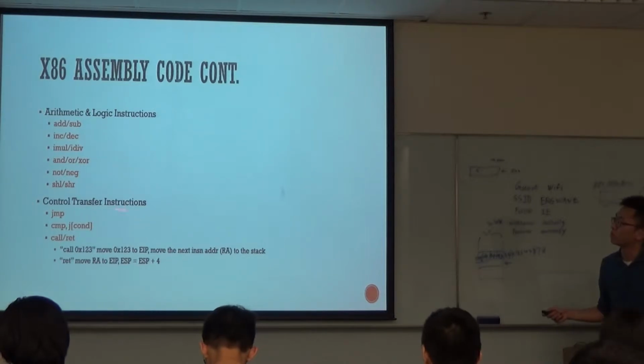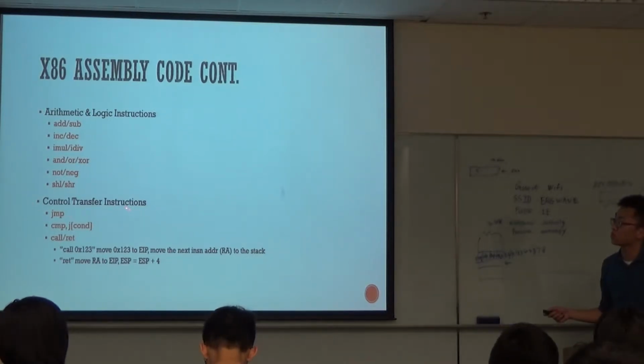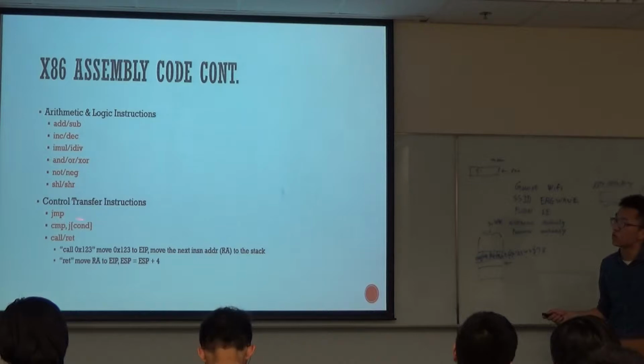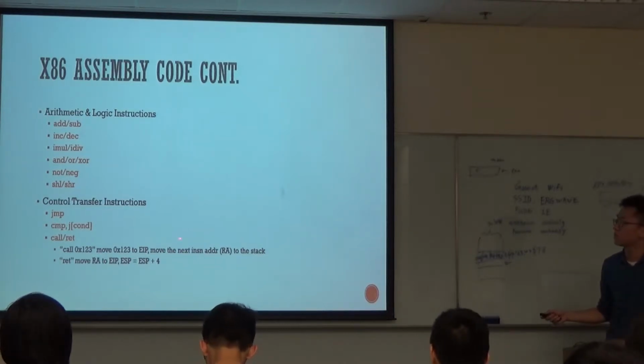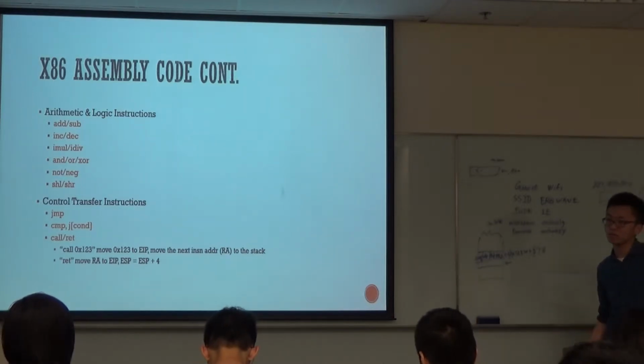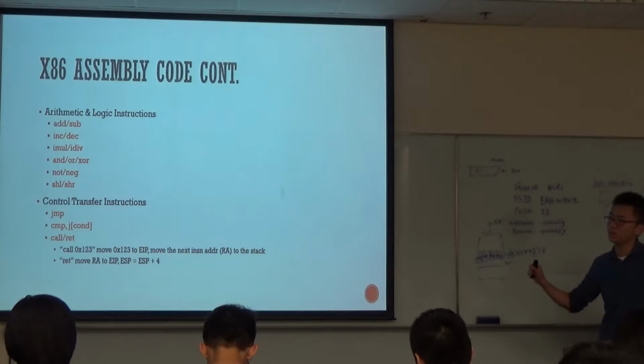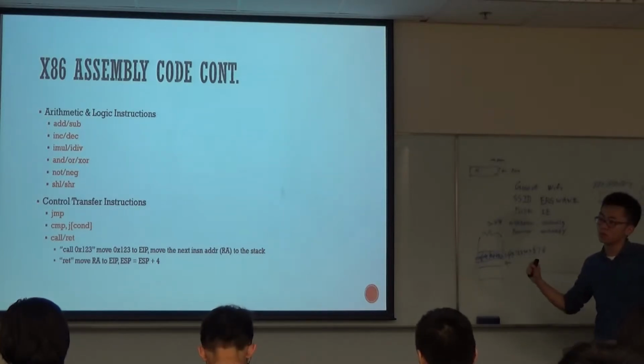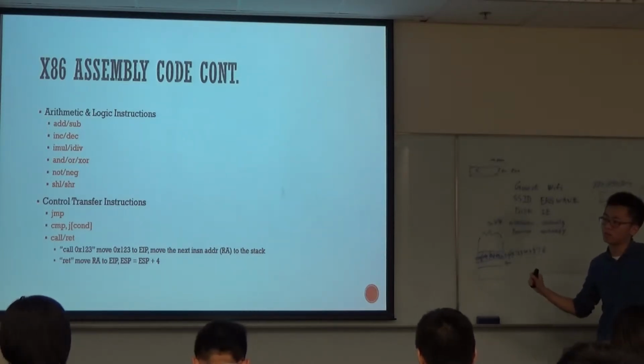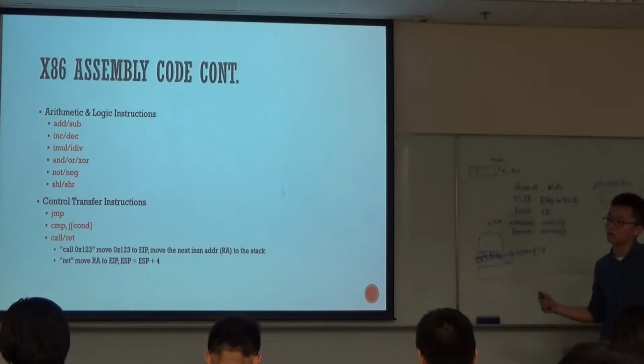And there are also control transfer instructions like jump. For example, jump to 12345678. Then the instruction pointer points to 12345678, and it will execute the instructions at that address.